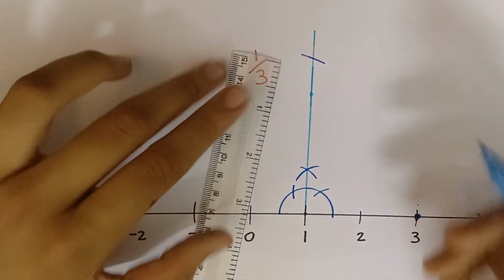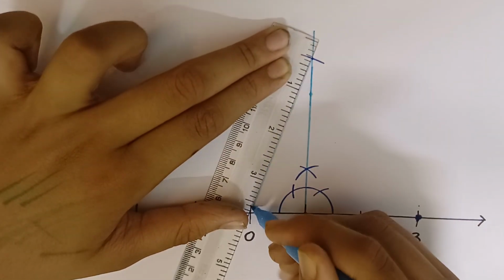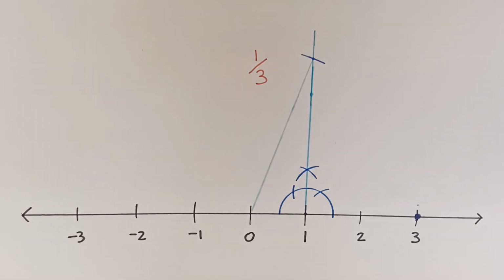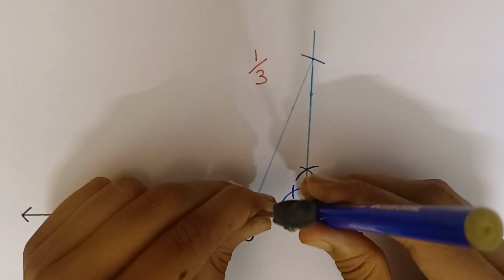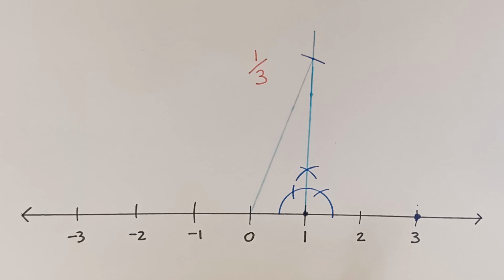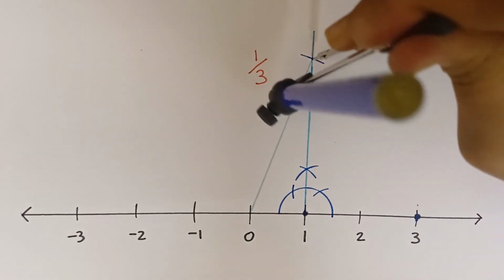We now make a line from 0 to this mark. Next, we have to take 1 unit on the compass by placing the needle at 0 and the tip at 1. We then, without changing the radius, keep the needle at the mark we just made and draw an arc through the hypotenuse.